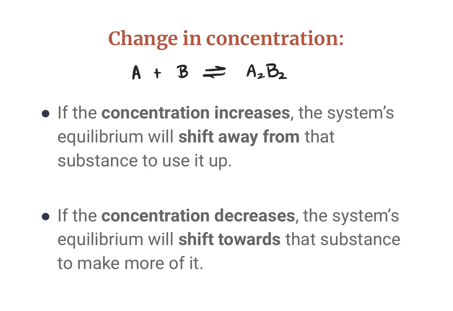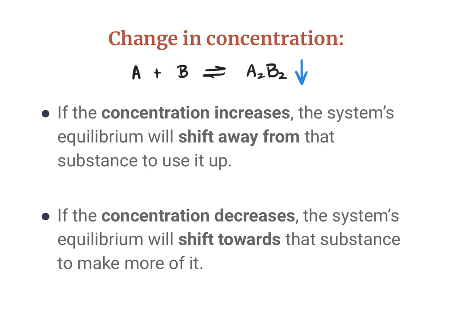So let's say I were to increase A, meaning I put more of A inside of the reaction. That means it's going to try to shift away from making more A to make some product. So it's going to shift to the right, shifting away from the thing that I'm increasing. If, however, it's the opposite and I'm decreasing, so let's say I'm decreasing the amount of A2B2, so I'm reducing how much is in that equilibrium, what happens then is I want to make more of it.